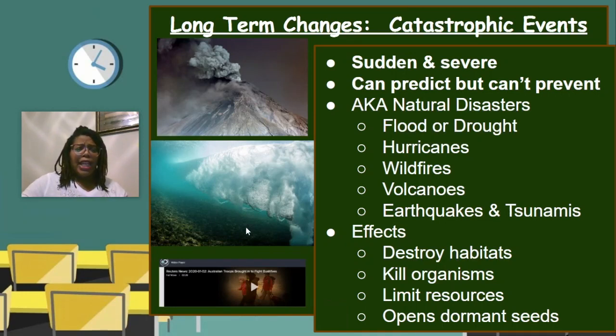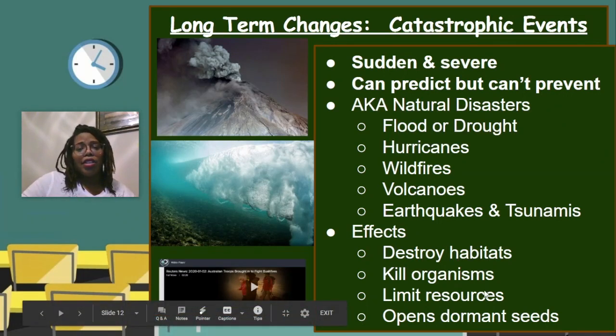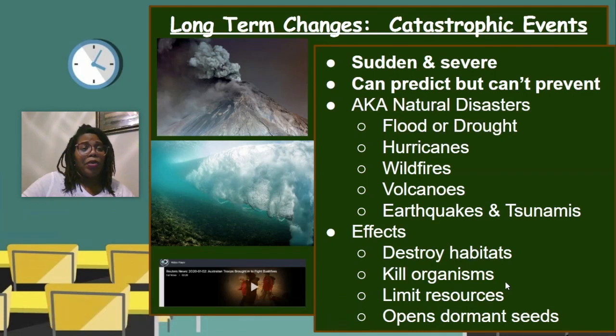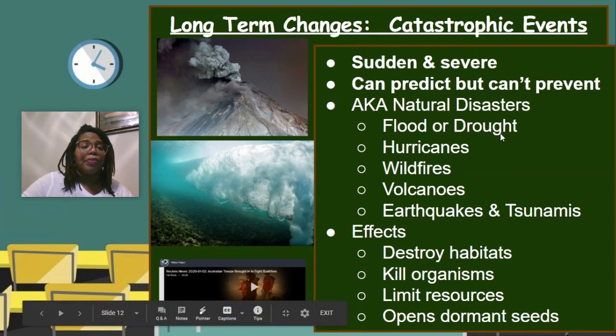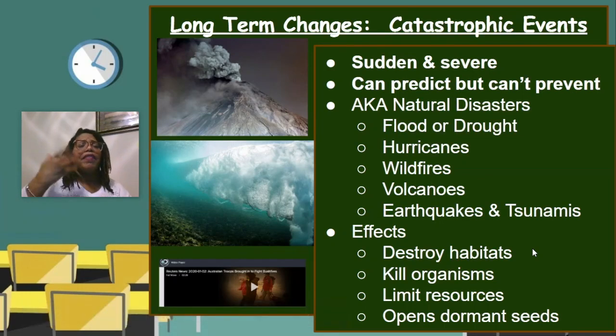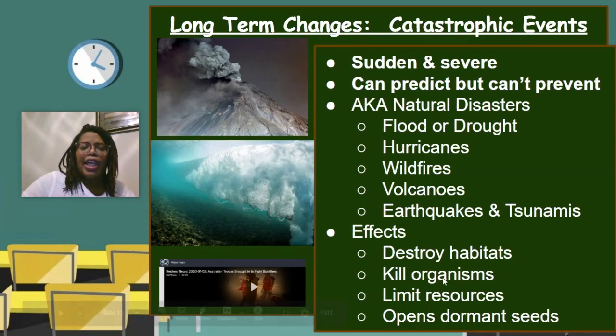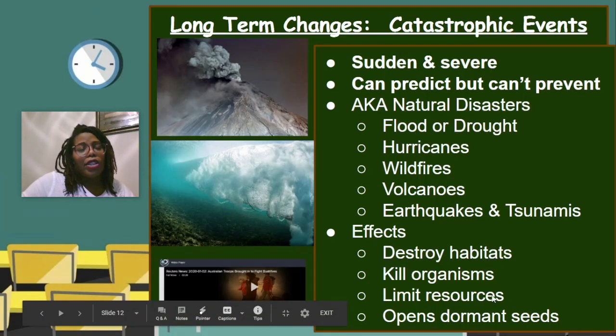And that can be both plants and animals. Catastrophic events also can limit the resources available. There may not be as much clean water available, or water at all if it's a drought. There may not be as much clean air or oxygen available. You have smoke and everything in it. So it can also limit the resources that the animals and plants need to meet their needs.